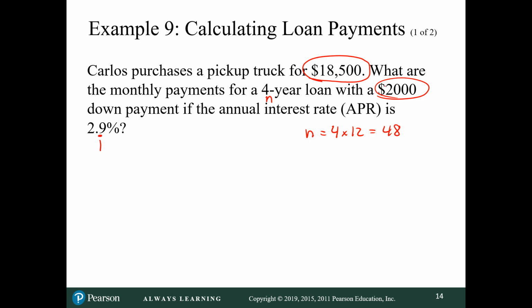So you take 18,500 minus 2,000, which is $16,500. That's basically what his loan is for because he puts $2,000 down. Okay, that's his loan. He has to pay 2.9% interest. So they give him $16,500 to pay for the pickup. How much does he have to pay back to the bank? Okay.